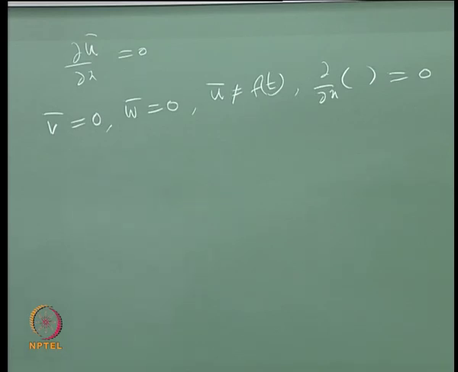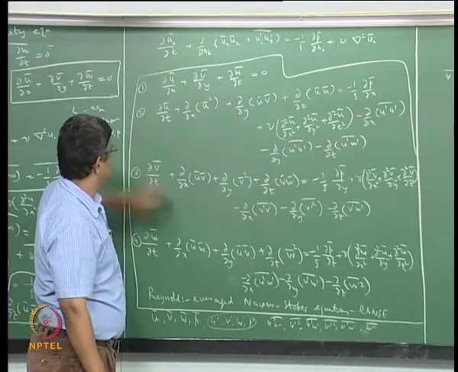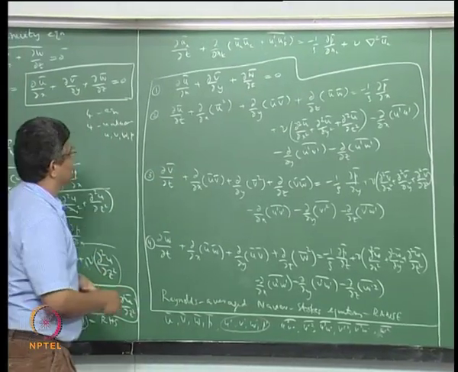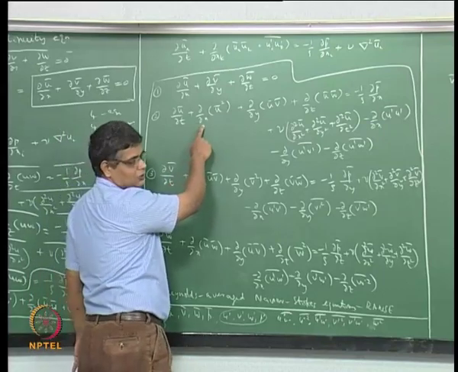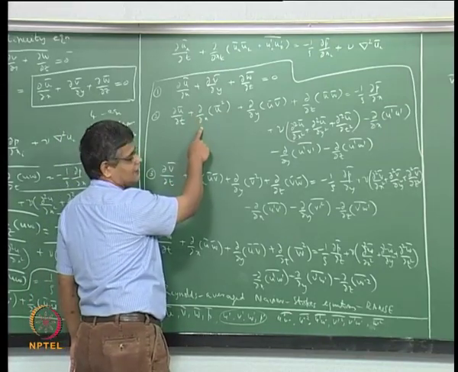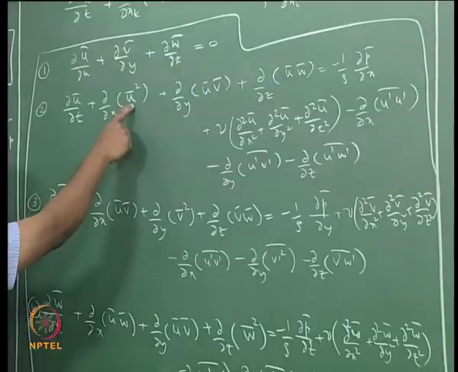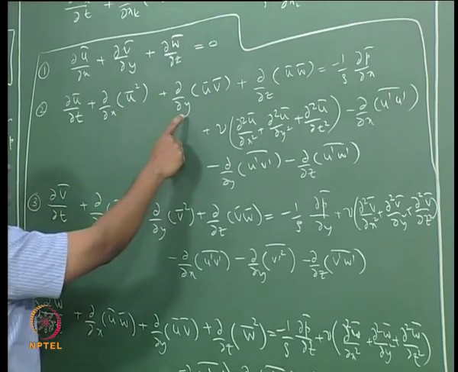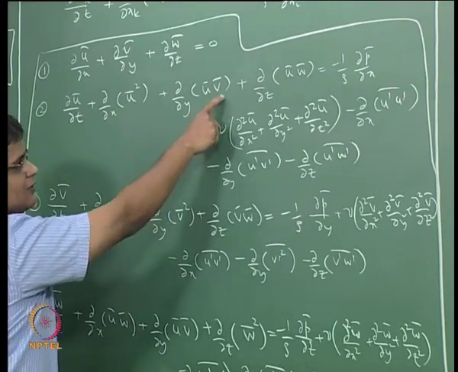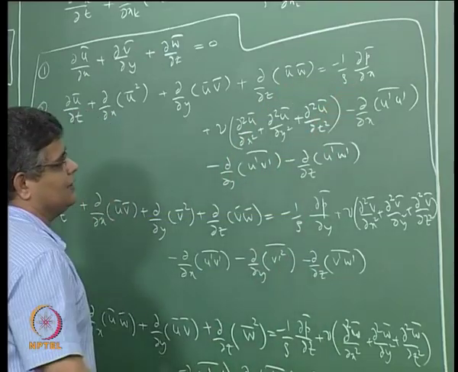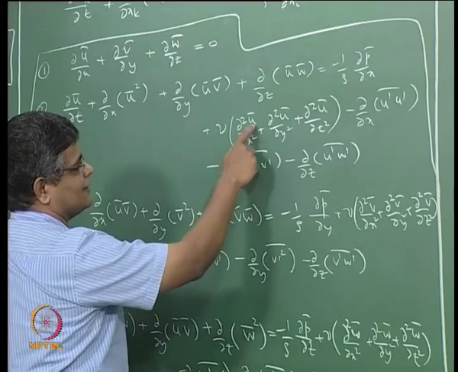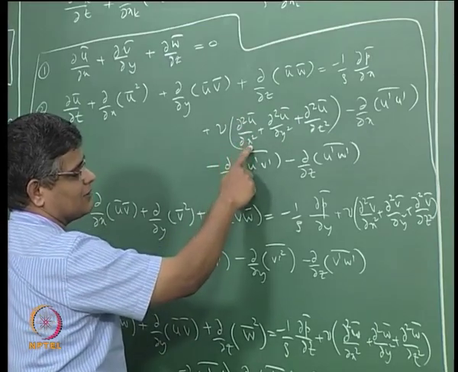So under those conditions the x momentum equation will give this equal to 0. Any time average quantity differentiated with respect to x is 0. This is 0 because v bar is 0, this is 0 because w bar is 0, here this is a constant, and in this case this is 0 because it is a variation with respect to x.